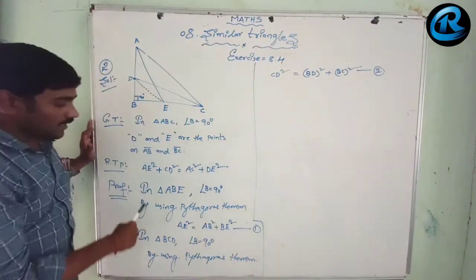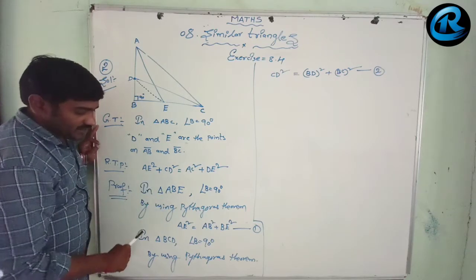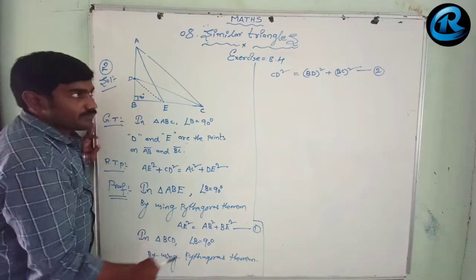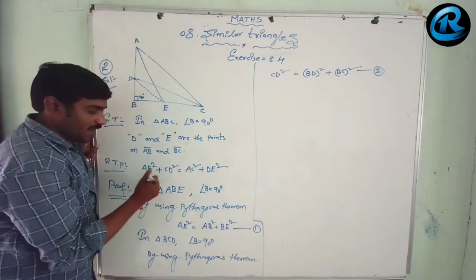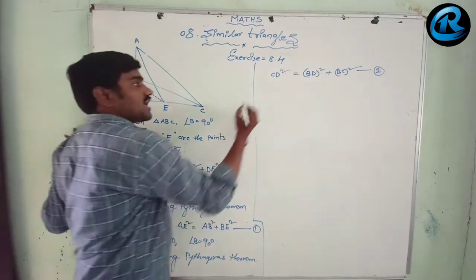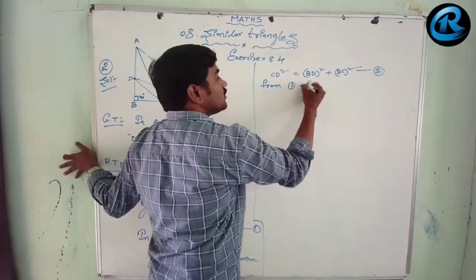Now see that in RTP, AE square plus CD square we require. AE square value we know and CD square value we also know. So we need to add both because there is a plus here. Let us add equation number 1 plus 2.